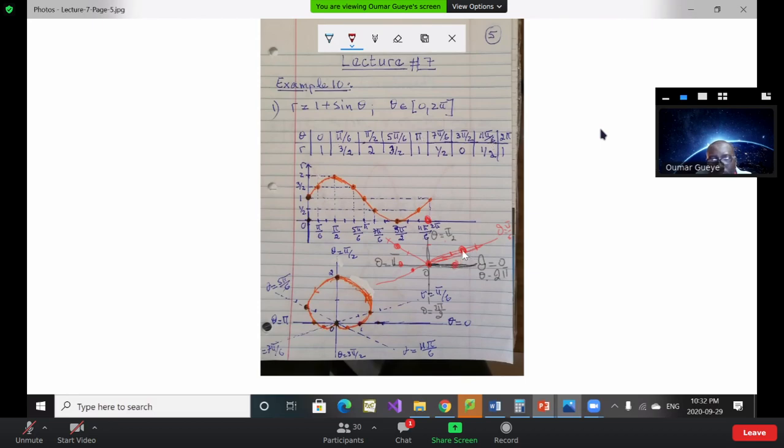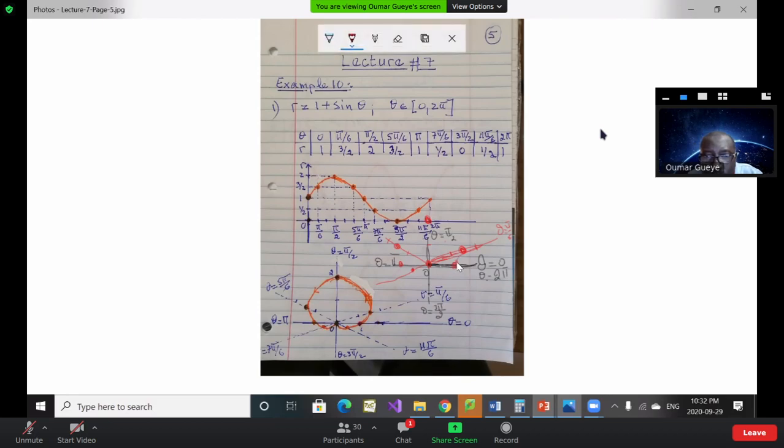Starting here, how to join these 2 points? The radius is increasing, based on what the graph says. Going from the first point to the third one, the graph is increasing. It means here the radius is increasing. And the radius means the distance from your position to 0. That's the radius.